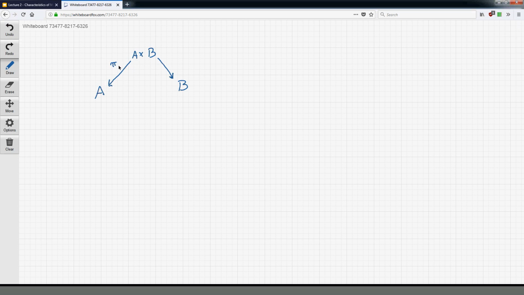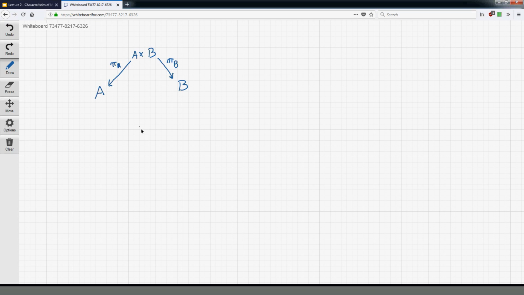I'm going to draw them as pi A and pi B. Now, obviously, there are a lot of different objects in a category that could have this property, where it has an arrow going to A and B. So we have to come up with the universal property, which essentially picks out a specific object that is the most general of all of these objects. This is called a span, by the way, where you have an object with arrows going to two different objects.